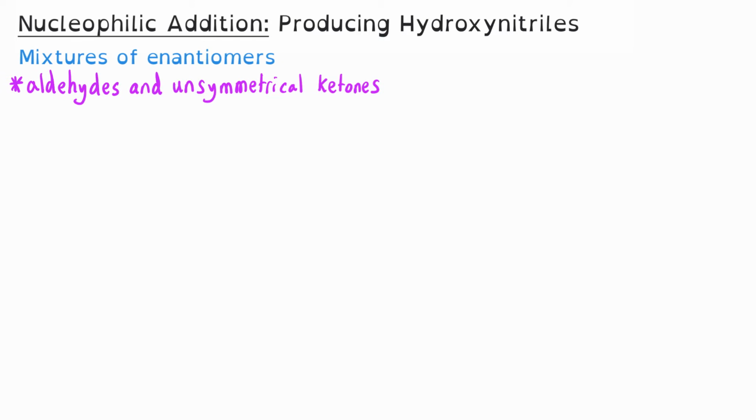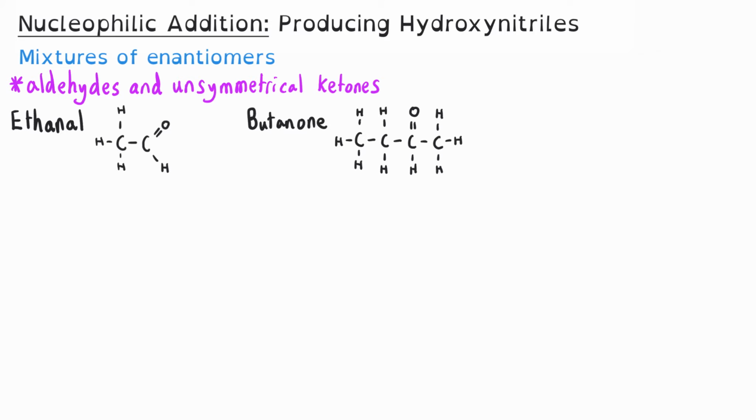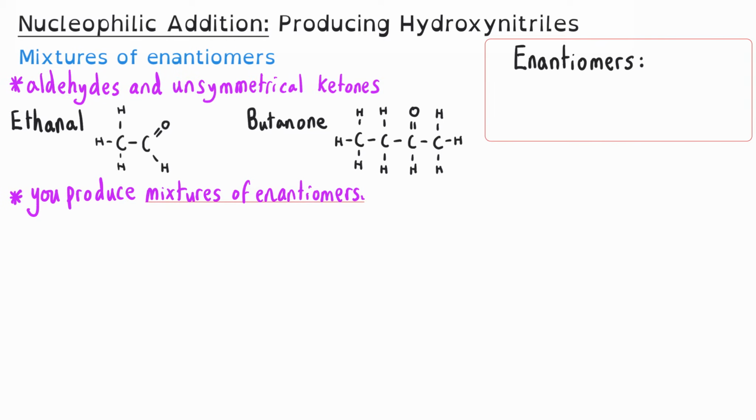When you carry out nucleophilic addition reactions on aldehydes and unsymmetrical ketones, for instance ethanal or butanone, you produce a mixture of enantiomers. Having two enantiomers means that you've got two molecules that are mirror images of each other. But more than that, they are non-superimposable when you turn one of them around.